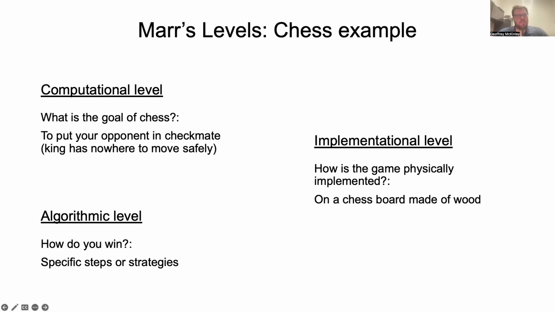But the important thing is that it doesn't really matter if the chess pieces or the chess board are made of wood or metal. The game is the game. The rules are the rules. Whether the pieces are made of metal or wood probably doesn't matter on an algorithmic level. The algorithm's the same regardless.